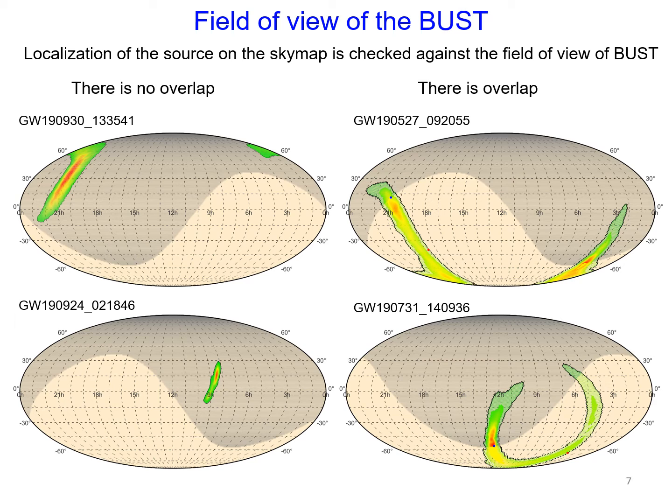Colored regions are the 90% probability source localization. Bright regions of the sky map is the field of view of the Baksan Underground Scintillation Telescope. On the left two pictures there is no overlap. On the right two pictures there is overlap.